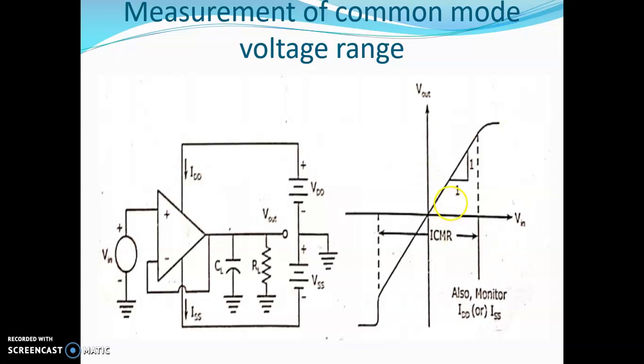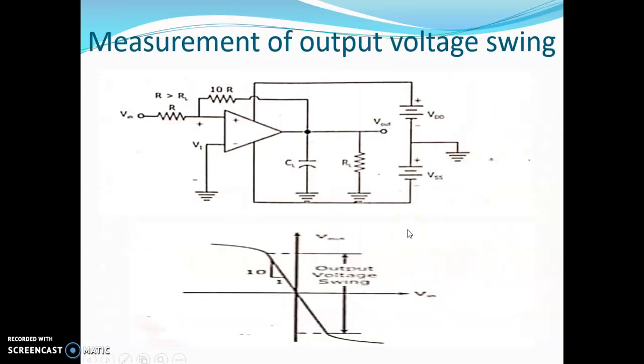We have already discussed in the previous section that the output voltage swing must be increased, so we have to increase the gain of the circuit. This is measured by using this type of circuit, where you will see the increase in the voltage gain transfer curve, and the increase in the output voltage swing by using this circuit design.